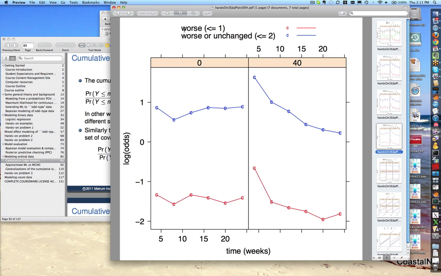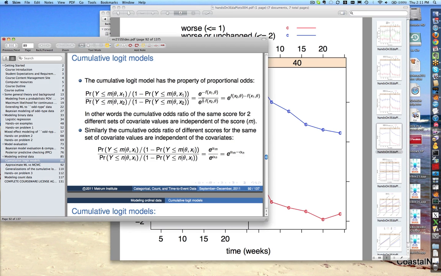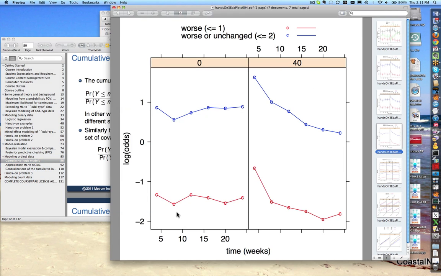In a plot where I've taken the log of the odds, if the ratios are the same, then the differences should be the same for our different covariate values. As we go across weeks here, we're talking about different covariates.